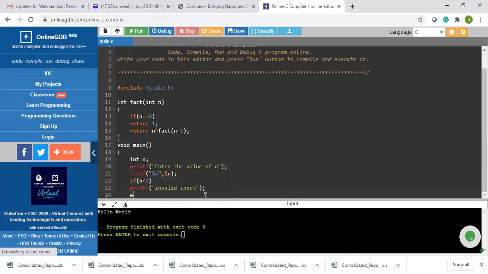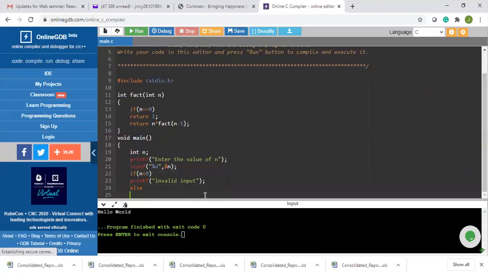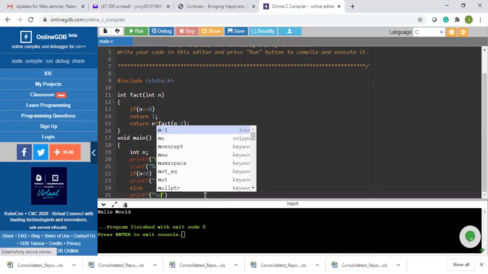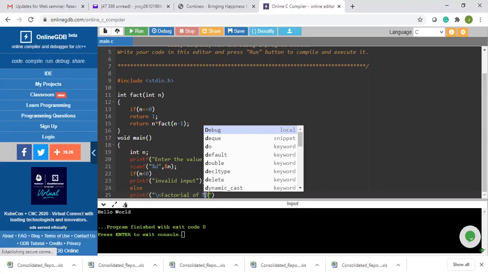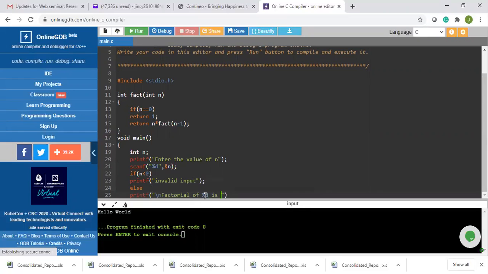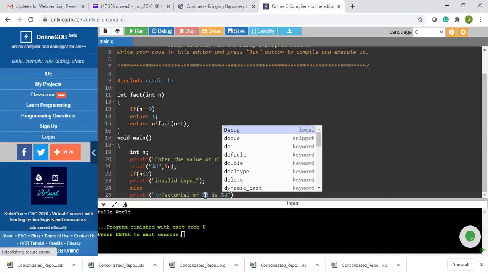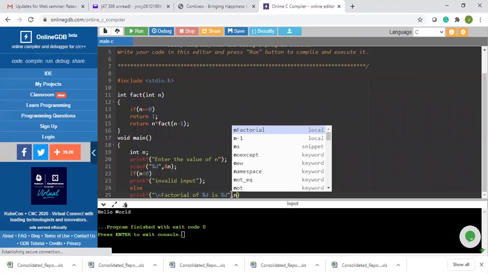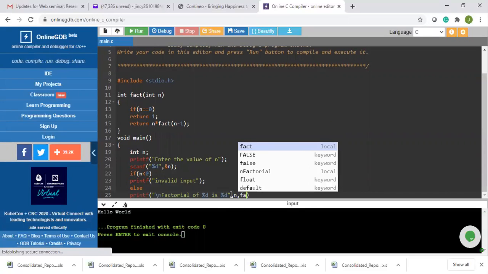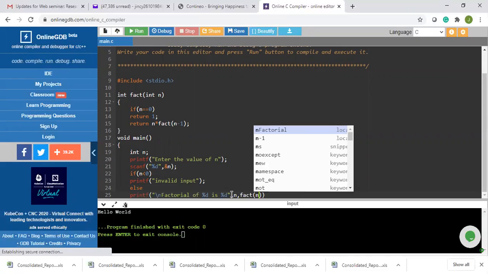Else we have to printf "factorial of %d is %d\n", with n and fact of n.